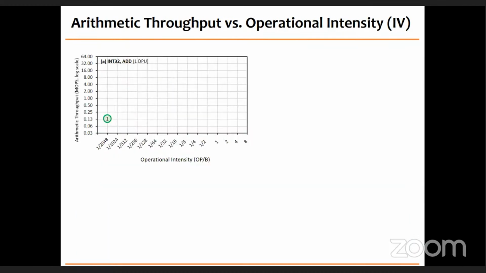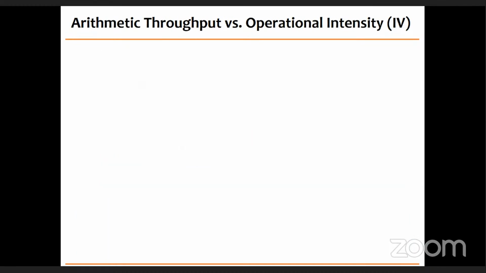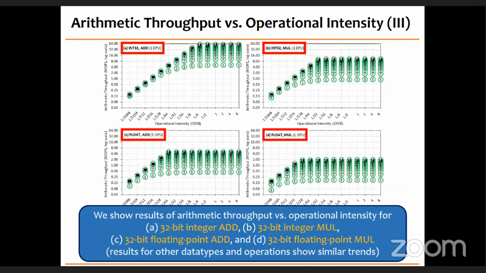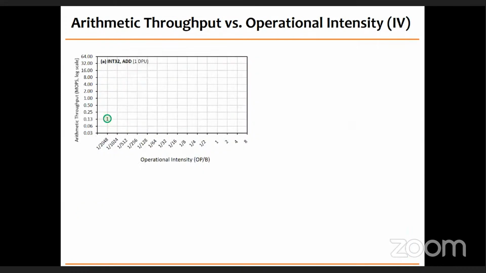Here we see some results for different data types and operations, in particular addition and multiplication for 32-bit integer and floating point operands. In the end, the key observations are quite similar for all the workloads. Notice that the y-axis is the arithmetic throughput in logarithmic scale, and here we have the operational intensity.